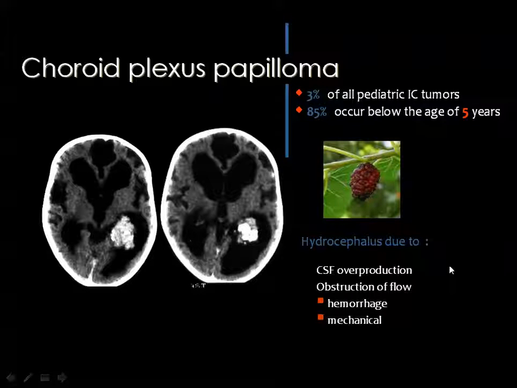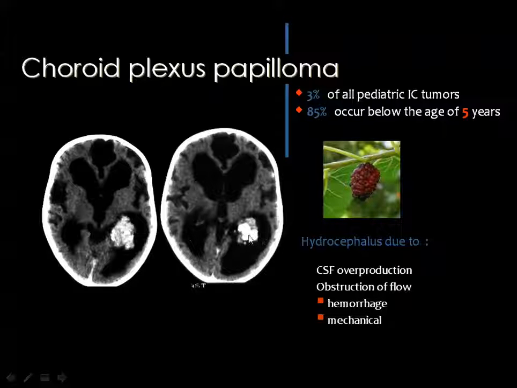Then we come to the choroid plexus papilloma, one of the famous tumors occurring inside the ventricle, and it represents about 3% of all pediatric intracranial tumors, and most of these lesions occur in the pediatric age group before the age of 5 years. And the tumor arises from the choroid plexus, and you will know that the choroid plexus is responsible for CSF production.